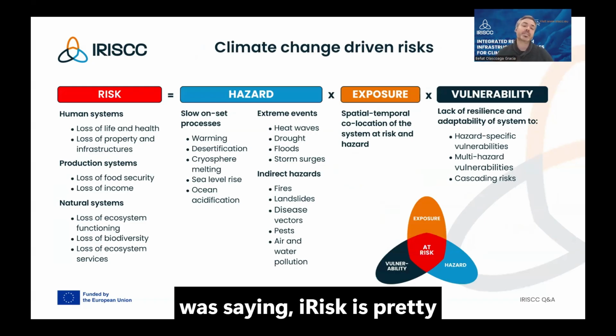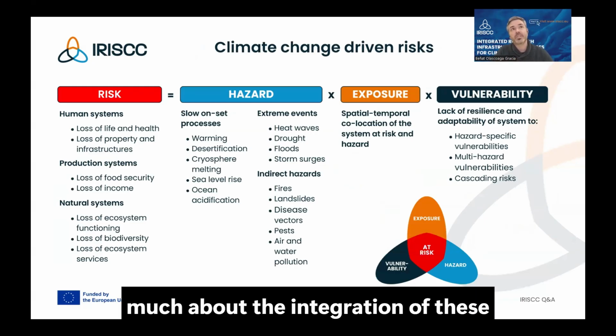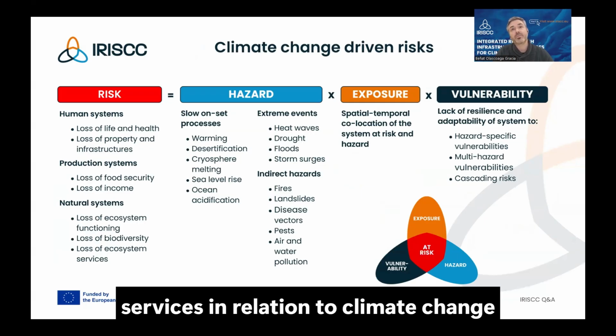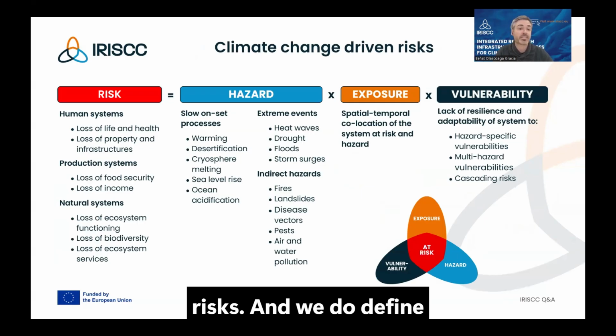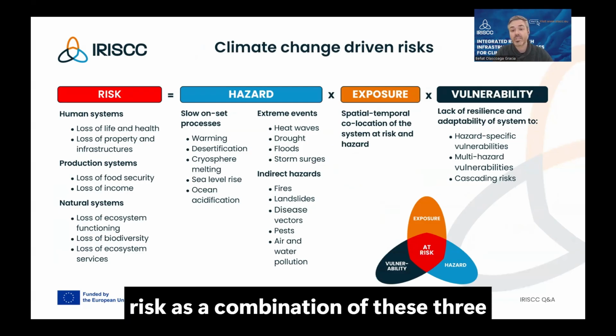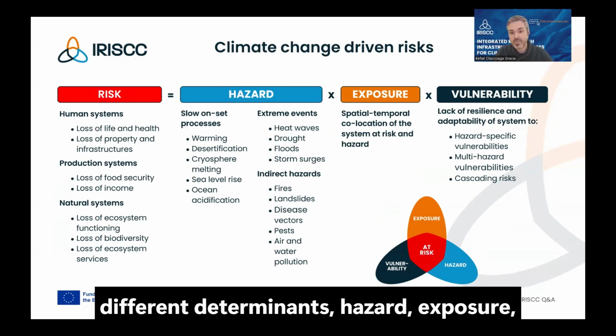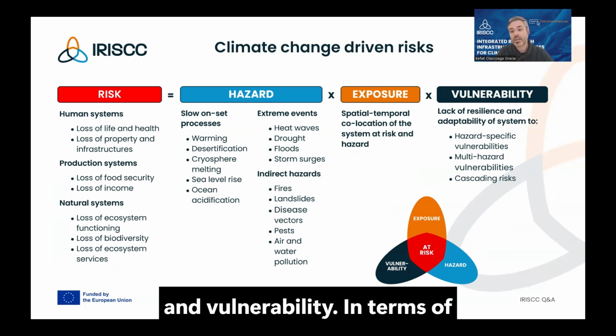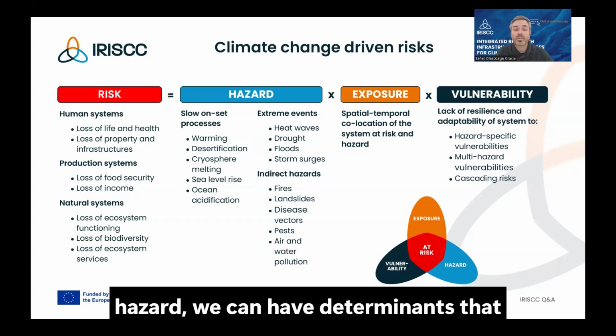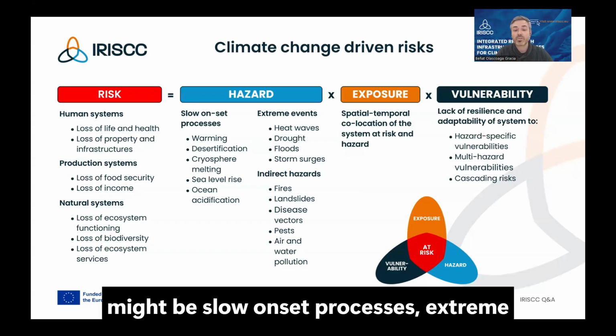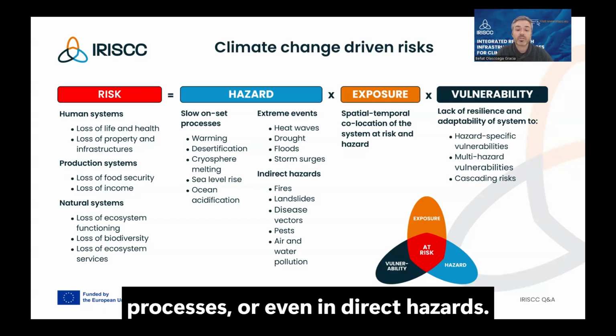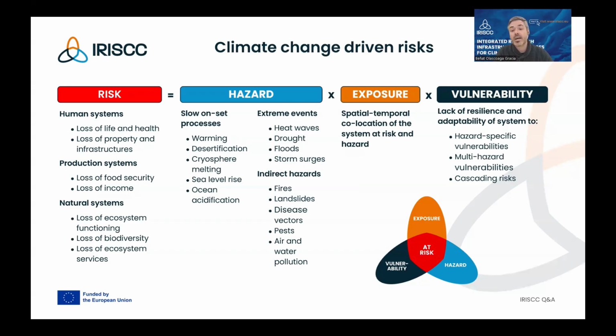And as I was saying, IRISCC is pretty much about the integration of these different research infrastructure services in relation to climate change risks. And we do define risk as a combination of these three different determinants: hazard, exposure, and vulnerability. In terms of hazard, we can have determinants that might be slow onset processes, extreme processes, or even indirect hazards.